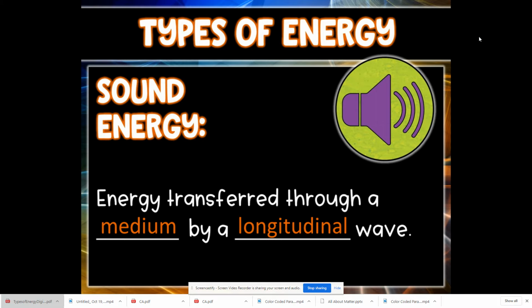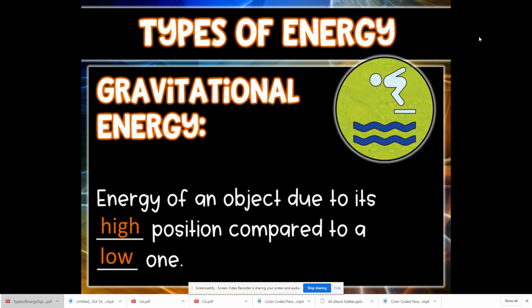Sound energy is just energy transferred through a medium, like matter, by a wave. So when I talk, my sound waves are bouncing off of the walls in my office, and you can hear it through the microphone. Gravitational energy, that's just the position. But again, we don't talk about gravitational energy.